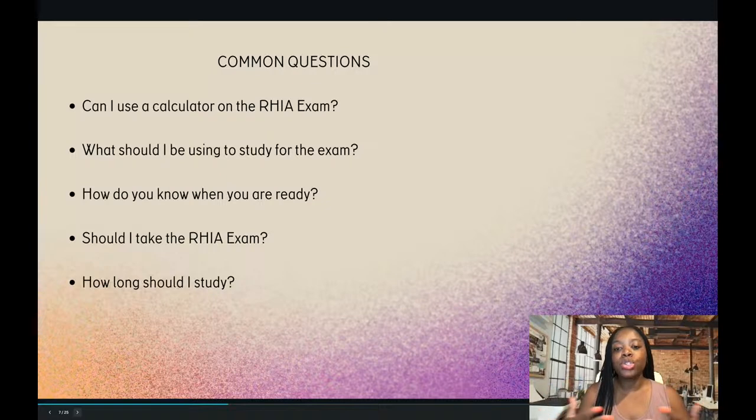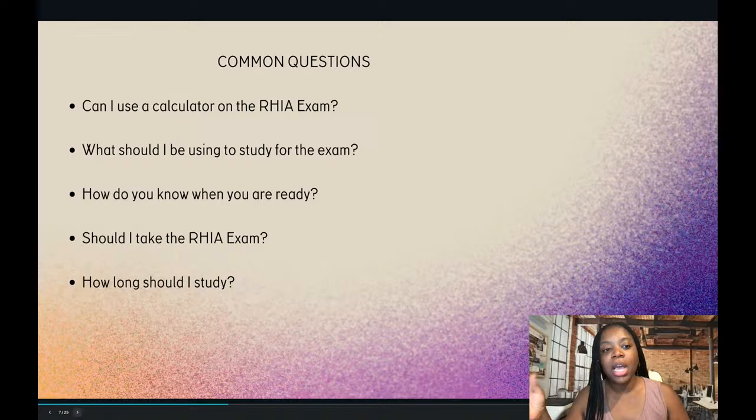If you want to become some type of legal professional within health IT, this certification may not be what you want or need. If you're trying to be a coder, it's great to have the RHIA certification, but there are coding certifications that would make more sense for you to earn if you haven't earned them yet, right?